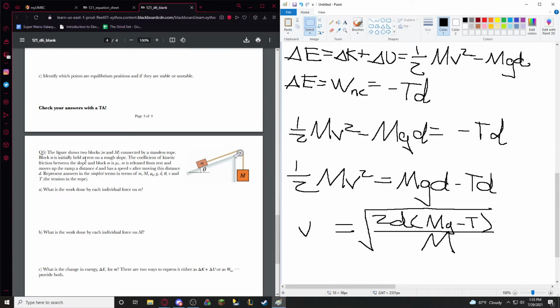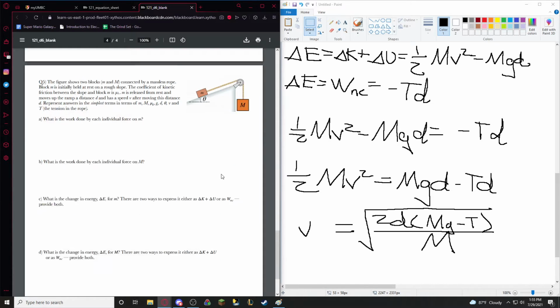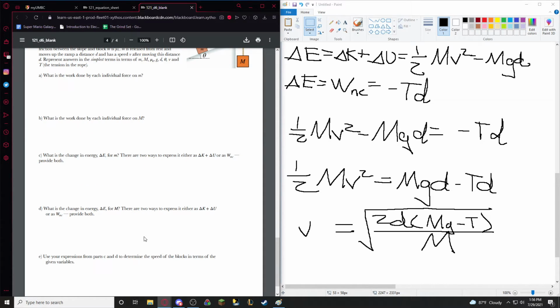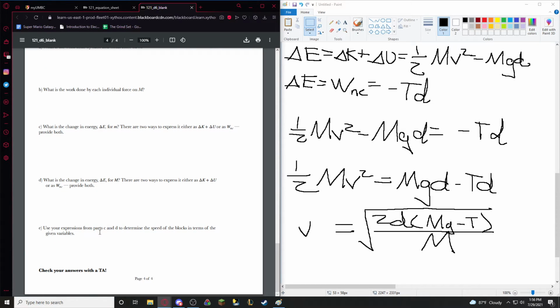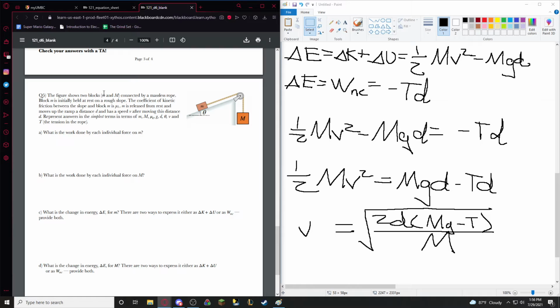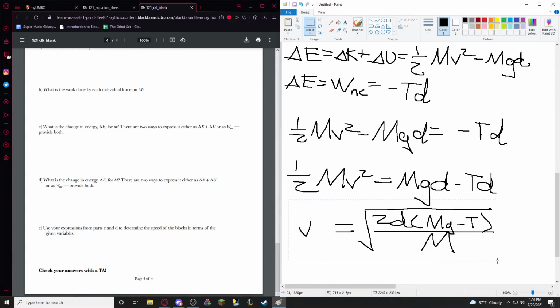What variables are we given? It's the last line of the problem. Does all of the variables. So which variables are we given? I'm just trying to figure out. I don't think this is our final answer here, because we probably also want to find the tension.